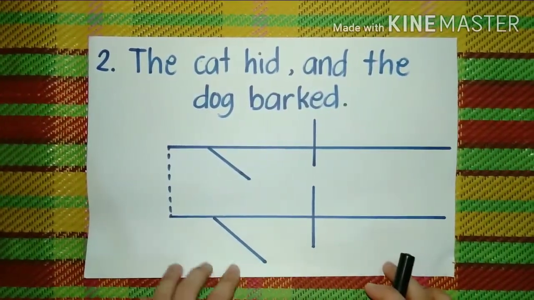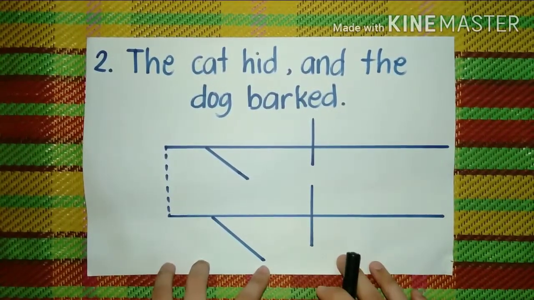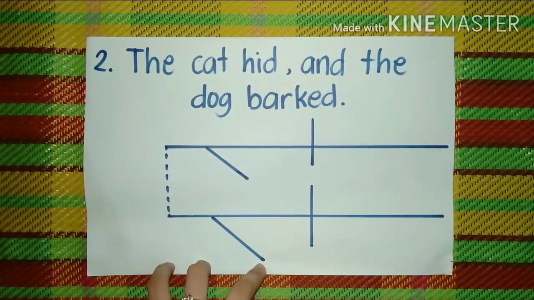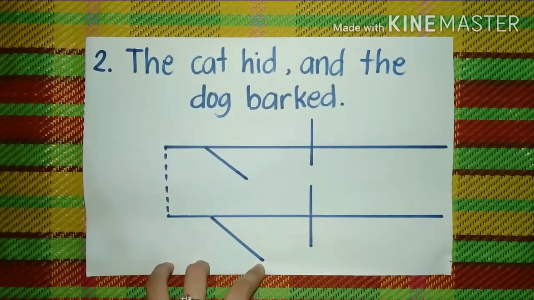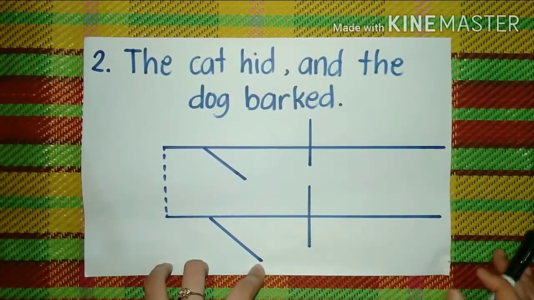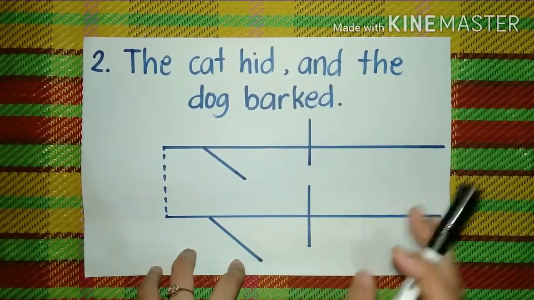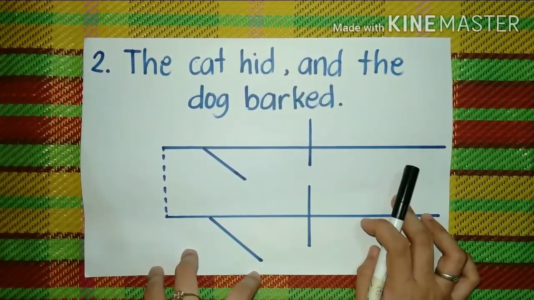Next, let's have example number 2. As you can see, this is a little different from the first example diagram that I showed you, since there are articles in this sentence. I'm going to read the second example.